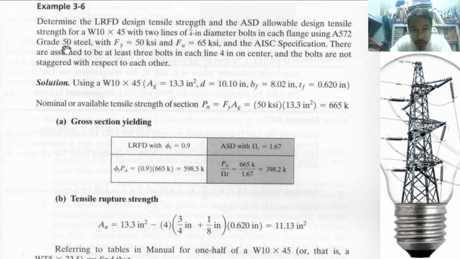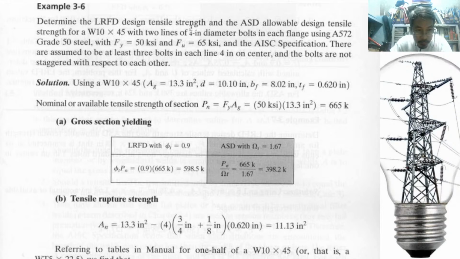Usually they will give you A572 grade 50. They will not give you the yield and ultimate values. You have to be familiar with this. If grade 50 is given, you know that 50 KSI is our yield.